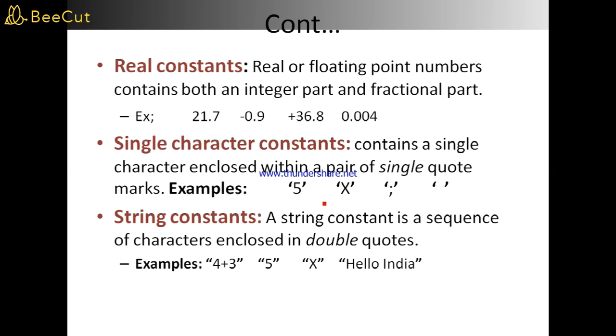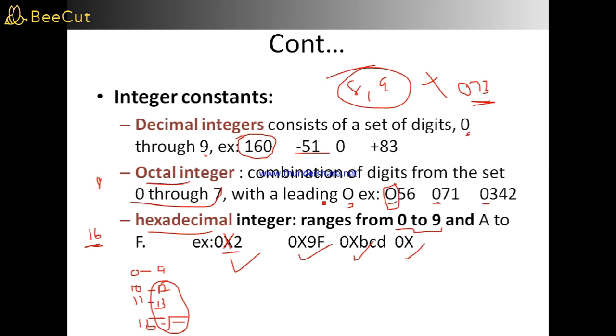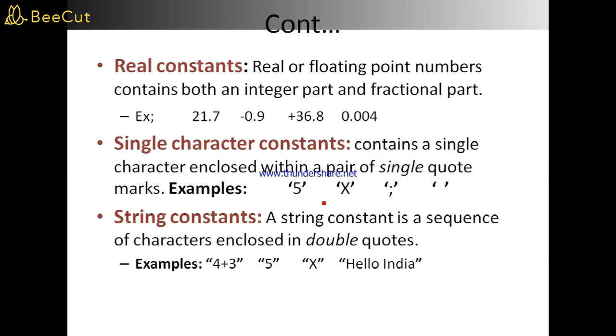Fine. So another type of constant is called a real constant. An integer constant does not include a fraction. So that's why there is the real constant. A real constant, also called a floating point number, contains both an integer part and a fractional part.